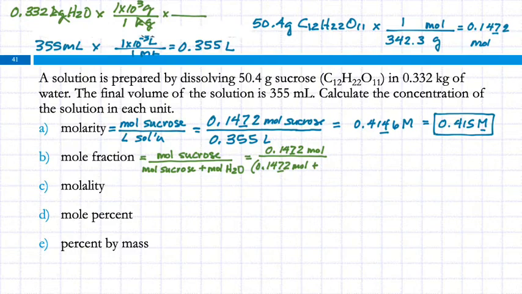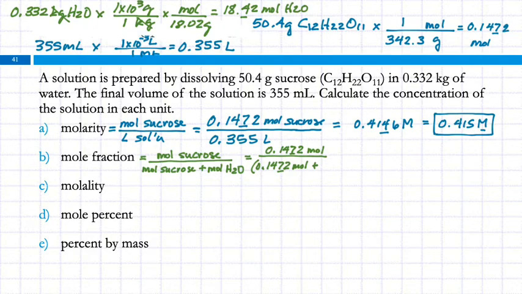And then I'm going to need the molar mass of water, which is 18.02 grams per mole. And so this is giving me 18.42 moles of water.